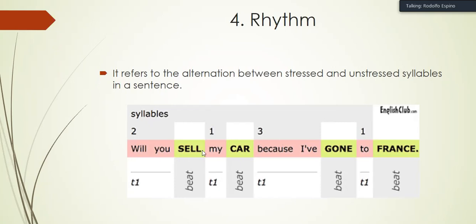These are the information words, or the important words in a sentence. So here it will be something like low or unstressed, then you go high, then you go low again, you will go high again, and that will give you the rhythm of the sentence. This is how it works in English.